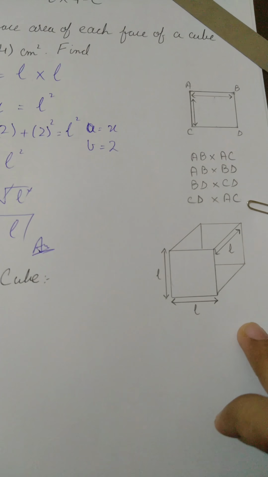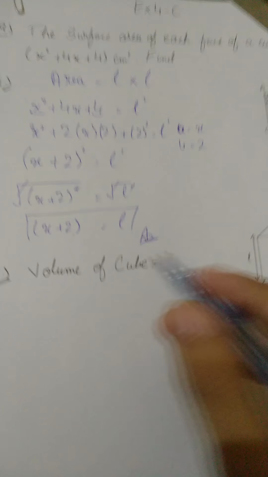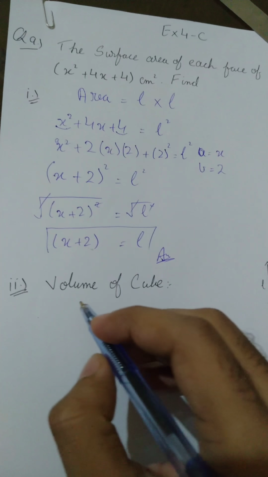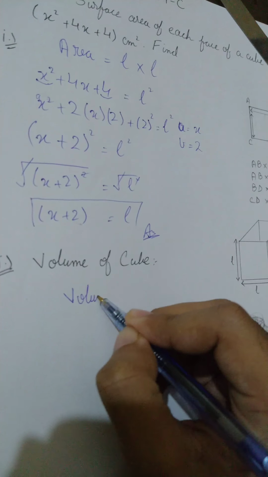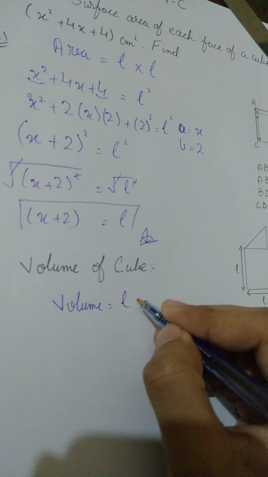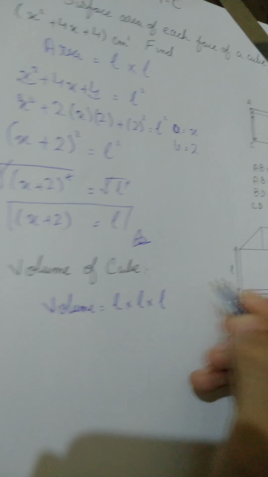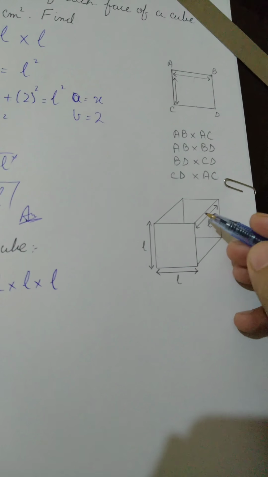To solve the volume, let's write the formula for volume. The volume of a cube equals length into length into length. 3 sides are multiplied together, length, length and length.